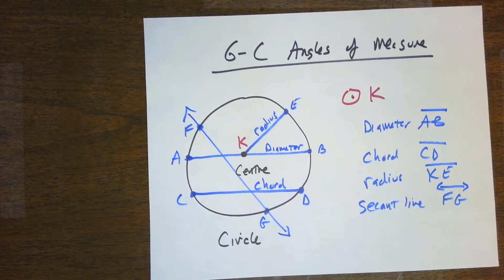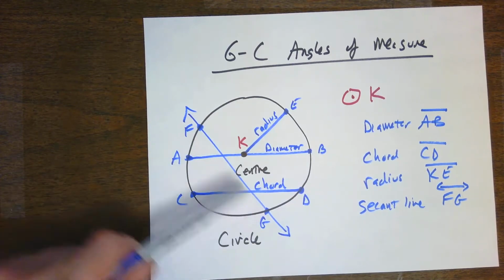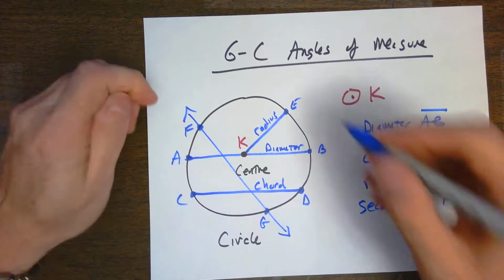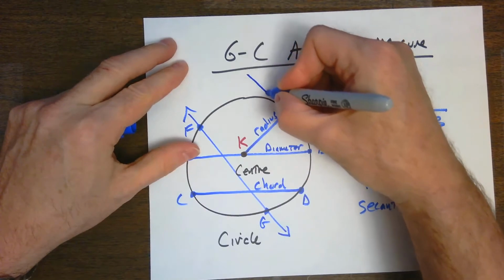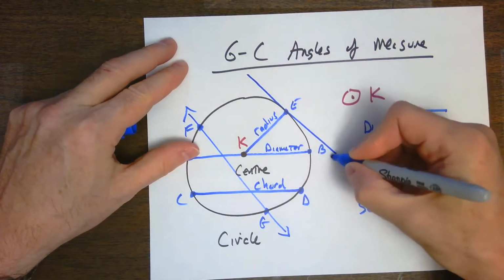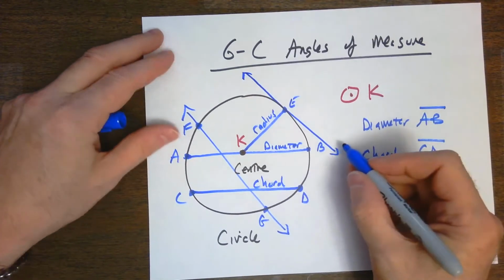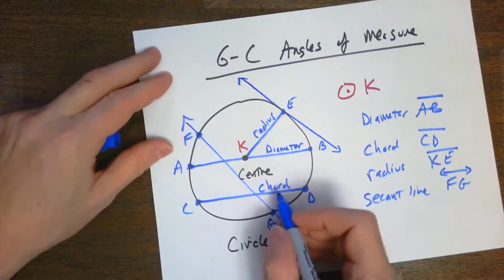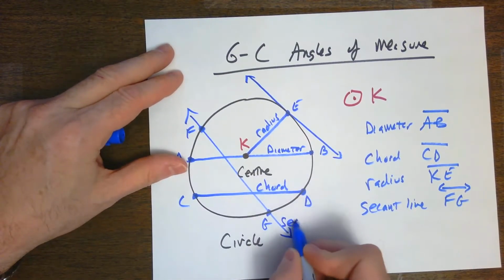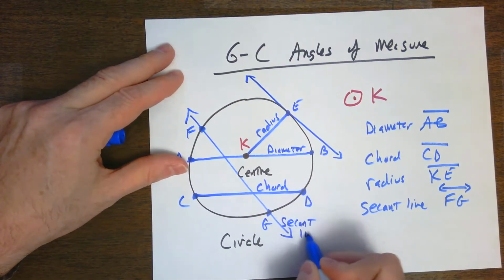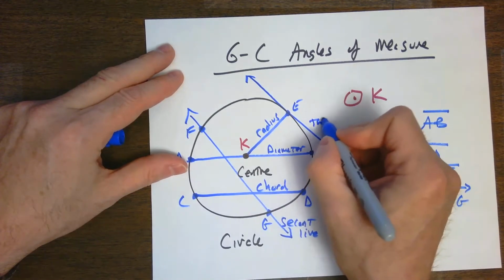And then the last one is I can have a line that touches the circle in one and only one place, where the secant line touches it twice. Another line that touches it in one and only one place, and I think we know the name of this one already, is, I didn't write secant line here, did I? Secant line, tangent line.